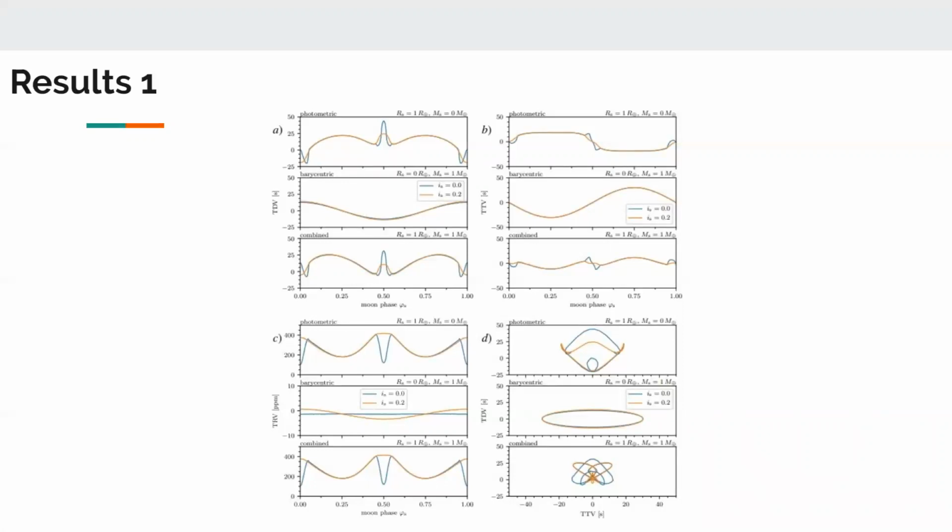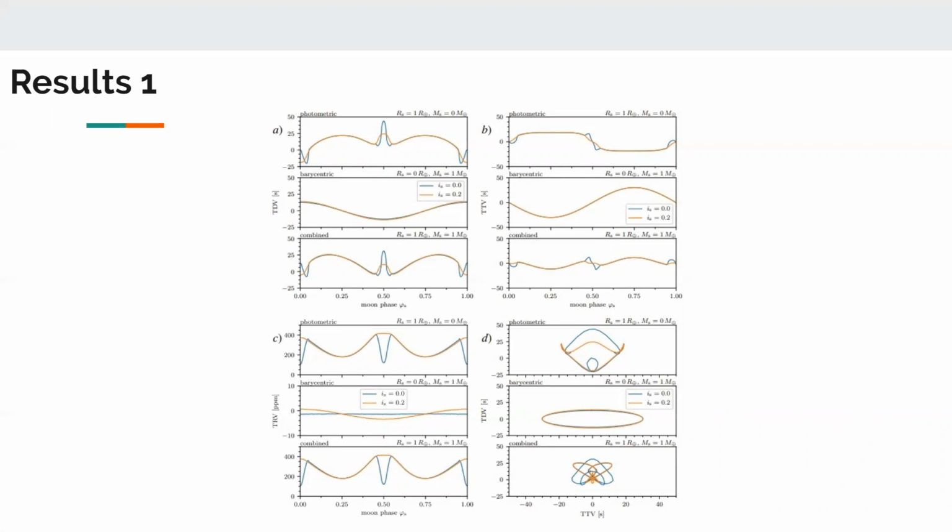So D is a combination of A and B. This simulation shows us signatures of exomoons and exoplanet-only transit model fits. This is important because these models infer only an exoplanet system, so this is without the presence of a moon.